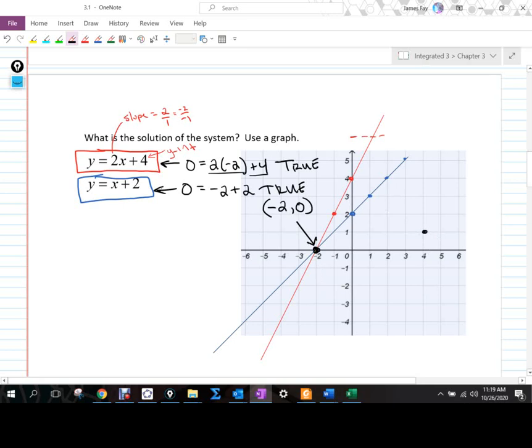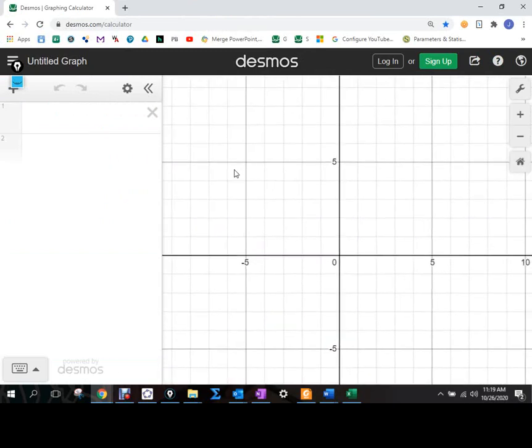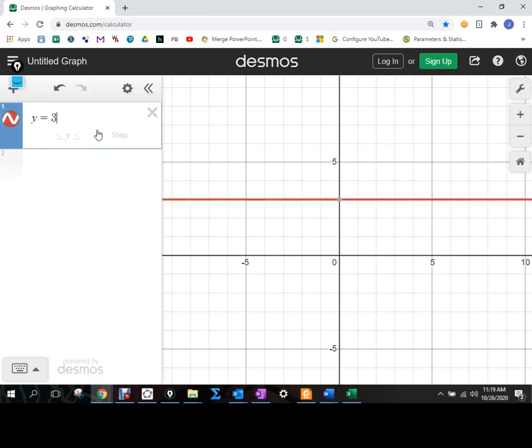Okay. Now, something that might be of use to you, graphing at least. If we go to Desmos, now obviously in Math Excel, you're going to have to plot your points and that kind of stuff, and graph your line. But if I go y equals, was it 2x plus 4?